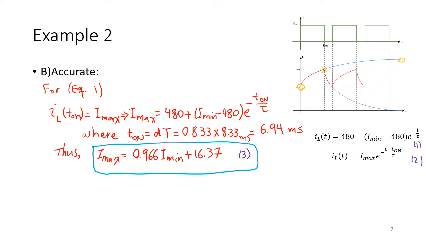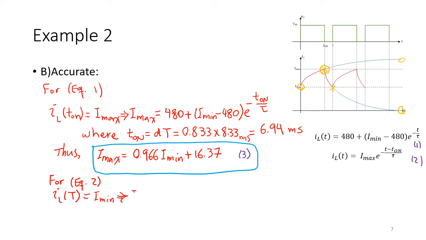We can do a similar thing for equation 2. For this equation, we mainly used the initial point and the point at infinity to find the equation. So now we use t equal to capital T to find new information from it. For equation 2, IL at capital T should be equal to I min.